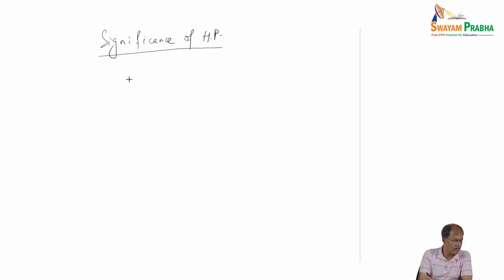Okay, so Hamilton's principle can be considered as a more fundamental postulate than Newton's law. Why? Because first of all, it can be an alternative to Newton's law. We have seen that Newton's laws of motion can be derived using the Lagrange equation of motion, but also we talk about the invariance, or we talk about Hamilton's principle in generalized coordinates.